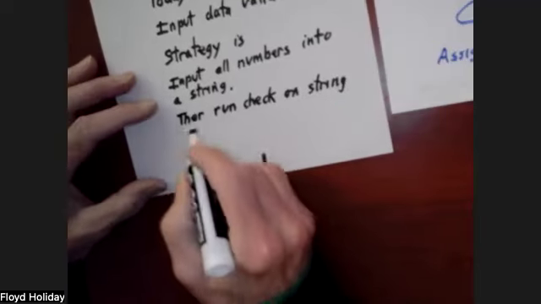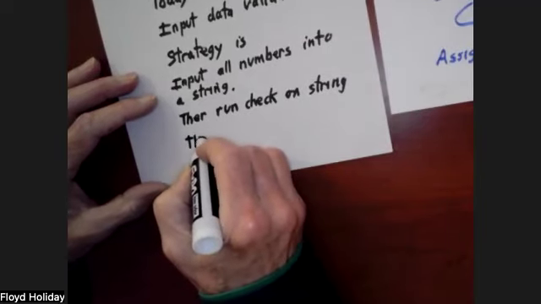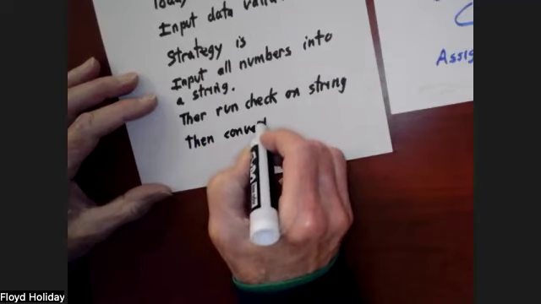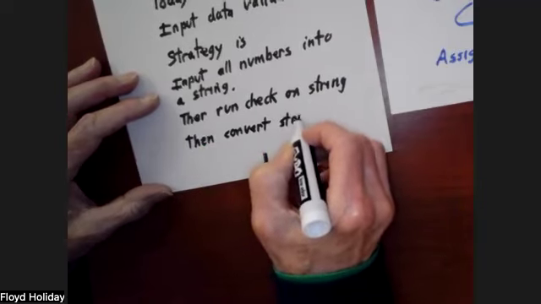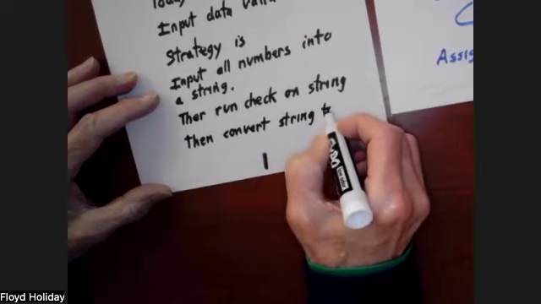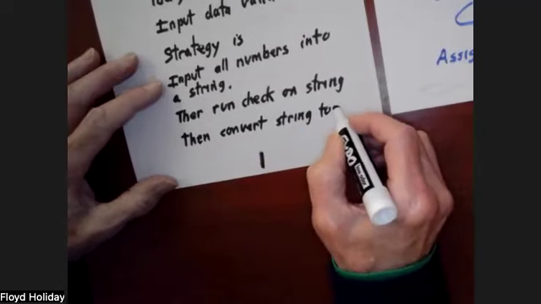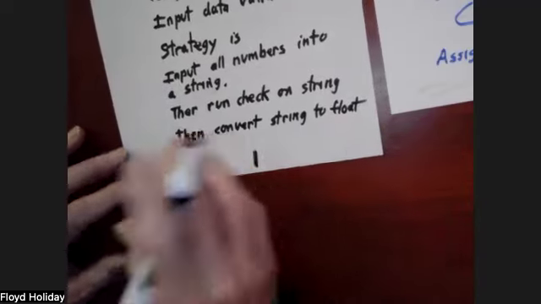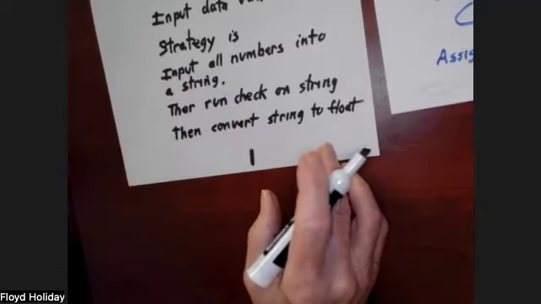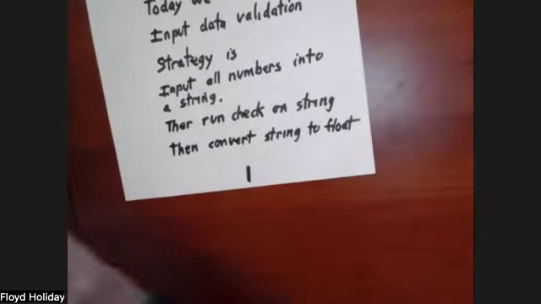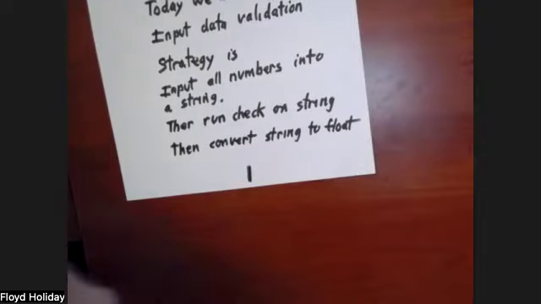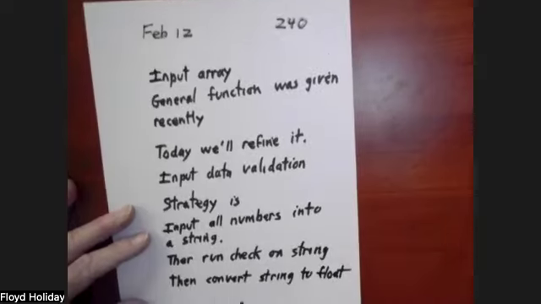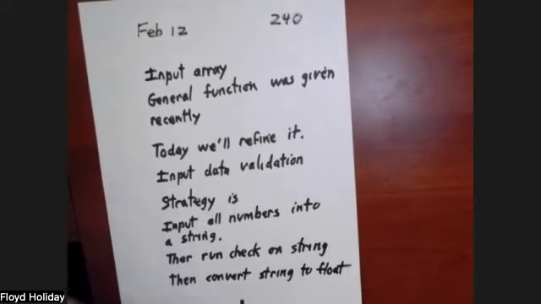And if it passes the check, then convert the string to a number, to a float. For us, it's a float. Under that, you got the screenshot. That's what we're going to do. Steps 1, 2, and 3.